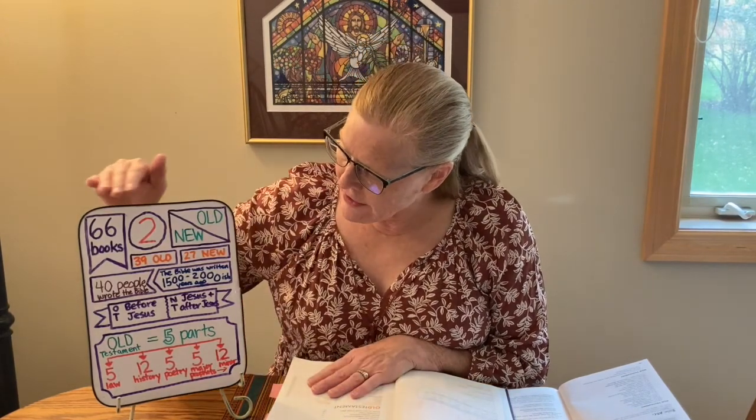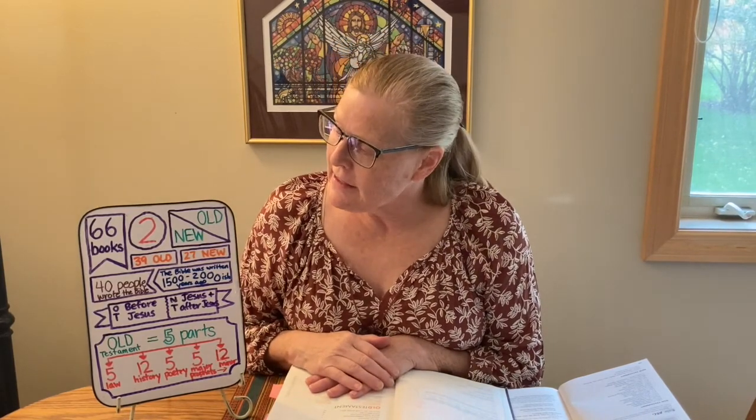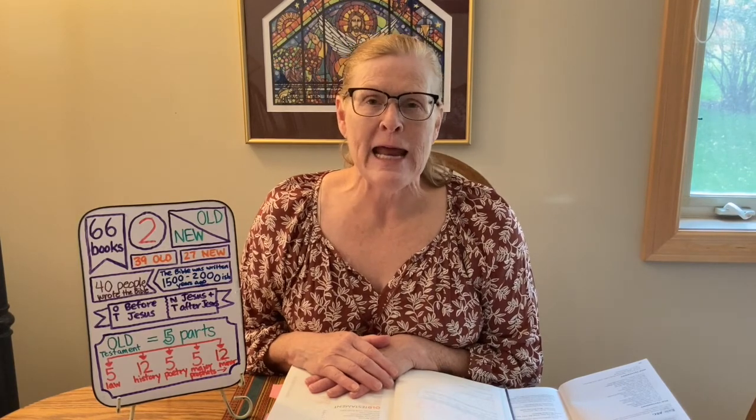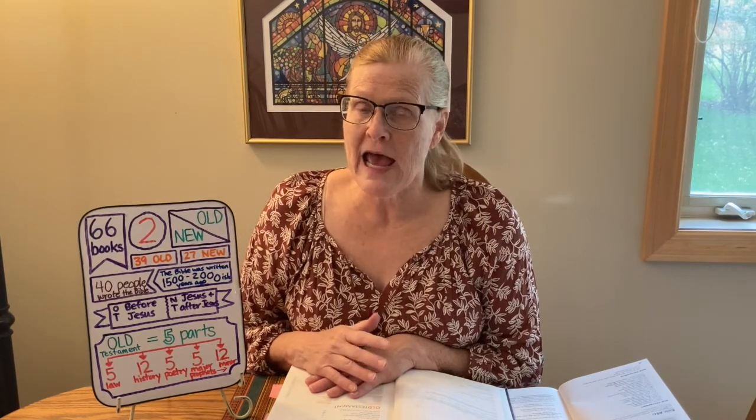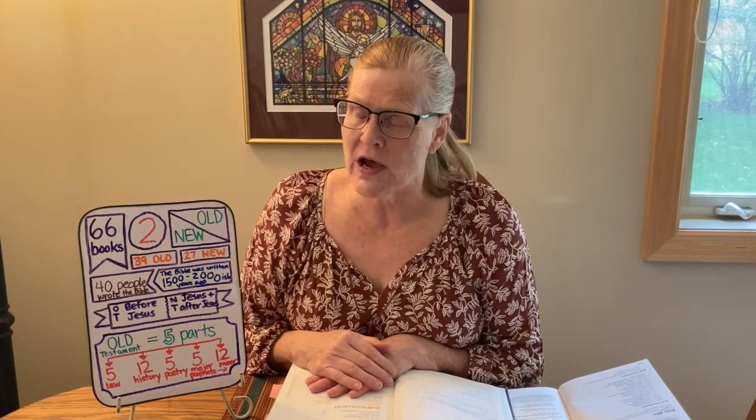So over here I have a picture that I drew, and I call it the anatomy of the Bible. Anatomy is a big word that is used to talk about the study of a body of something. There's human anatomy. That's the science of studying the human body. But today we're talking about the anatomy of the Bible, how it's made up and what the different parts of it are.